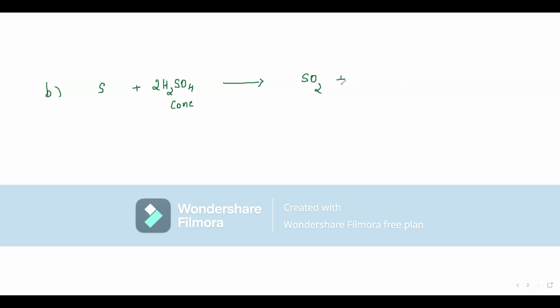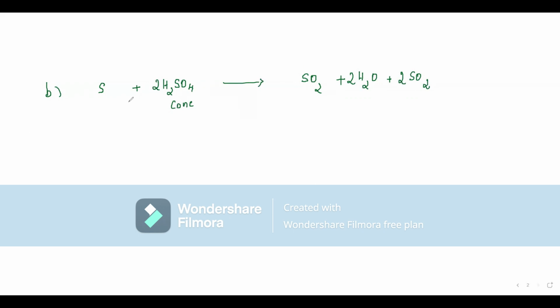Now, after sulfuric acid releases nascent oxygen, what happens to it? It gets converted to water and sulfur dioxide. Here, 2 molecules of water and 2 molecules of sulfur dioxide. Remember when we started with this reaction, I told you this is a special reaction. Why is this special? Look at this.